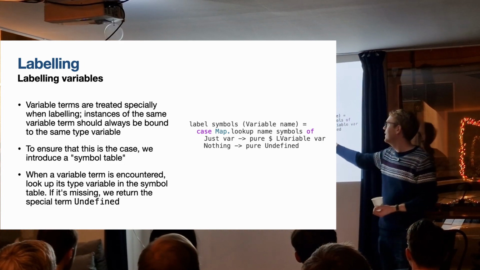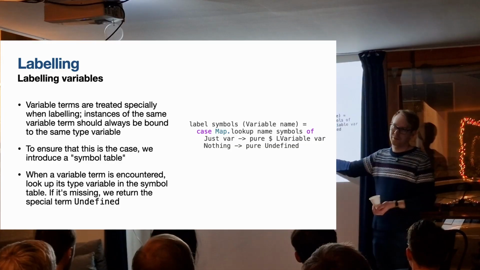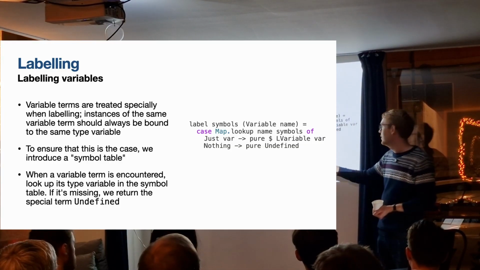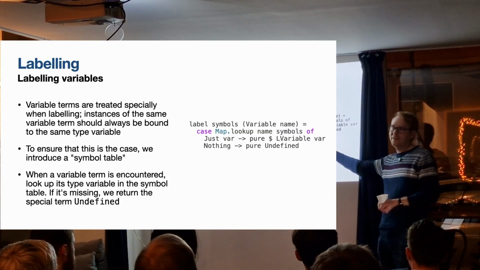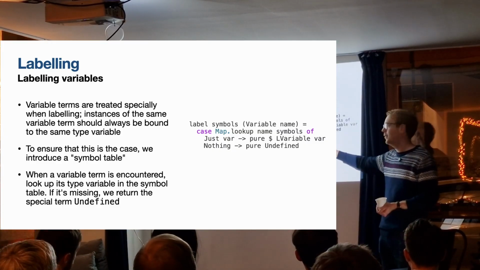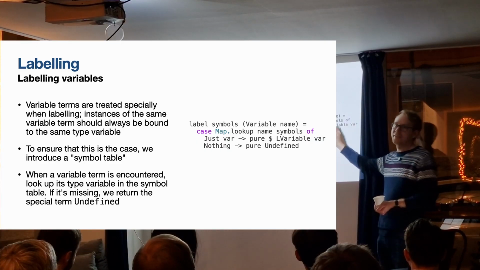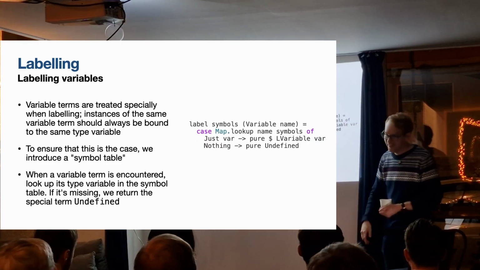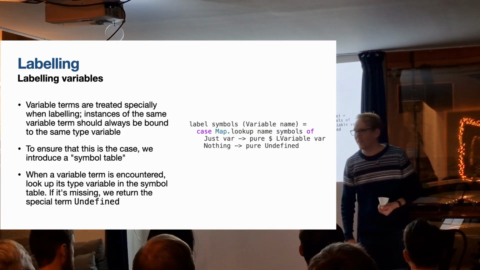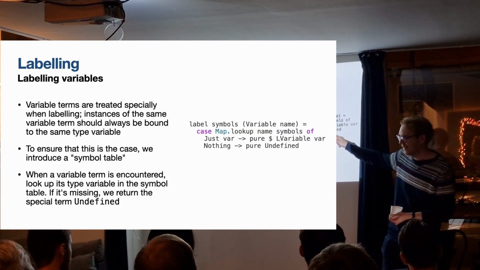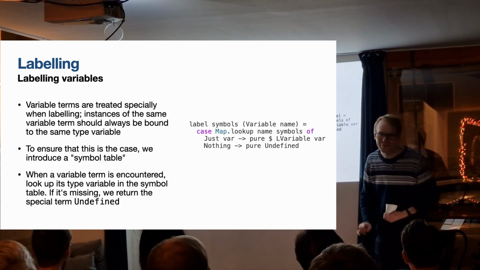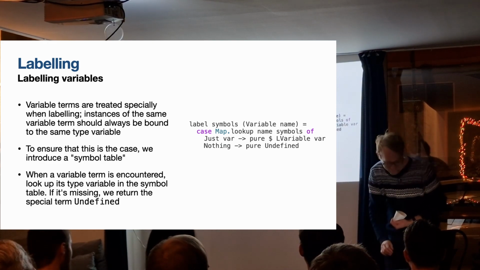So in order not to dirty up the whole code by putting it in an either monad, we can say that if you use a variable that hasn't been defined before, we return a special term undefined instead. And people might say, oh, that's a bit weird, but if you call it the bottom, it's okay. Trust me, I've read the papers. Real scientists do this.